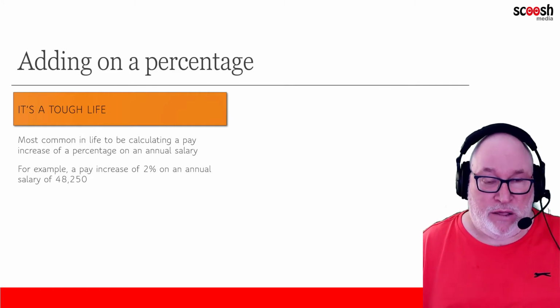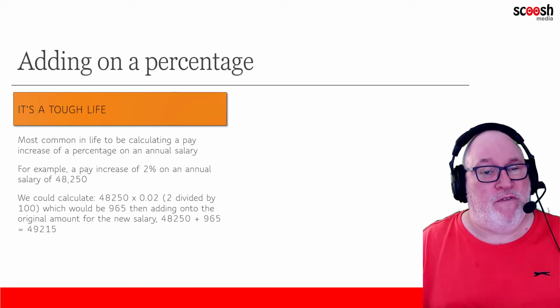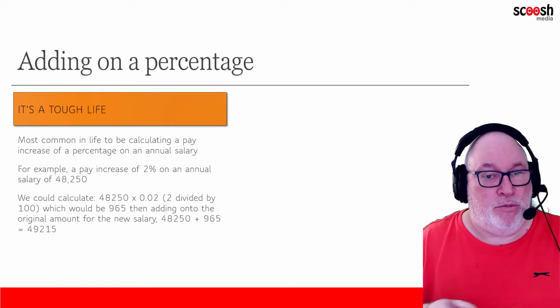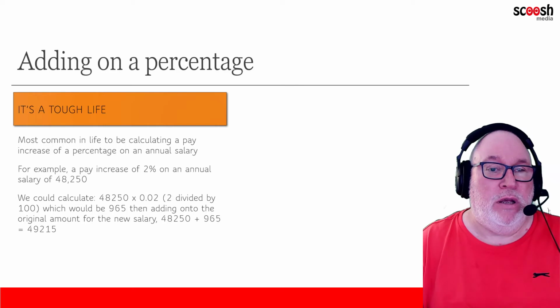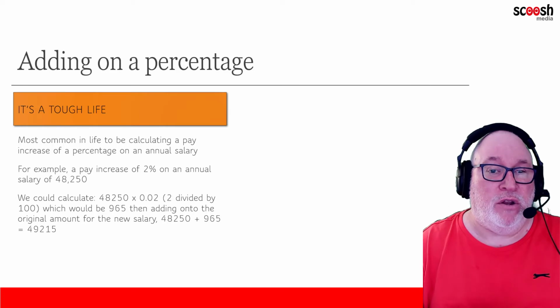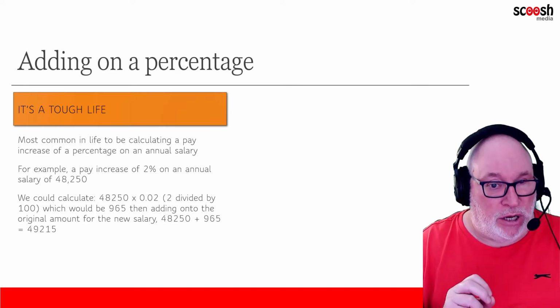So we calculate it out, 48,250 multiplied by 0.02, which is 2 divided by 100. You just move the decimal place, which would be 965. So 2% is 0.02. Multiply that by the original amount, it gives us 965. That is the percentage increase that we've got.